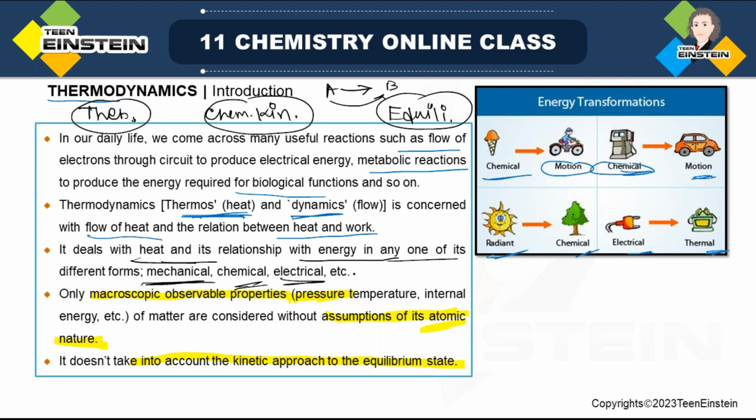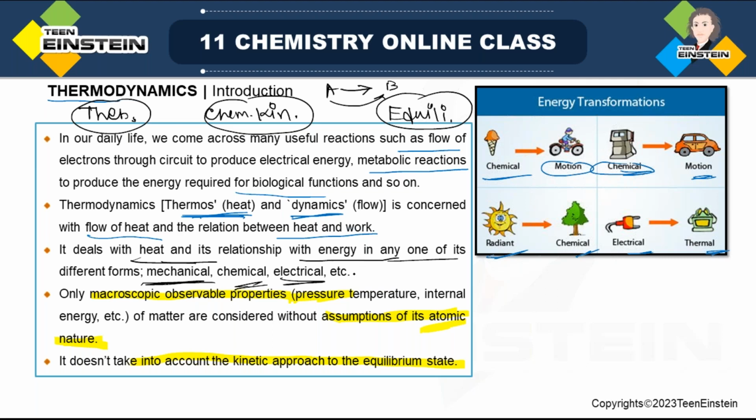But suppose from thermodynamics you know this conversion is possible. Then by applying the knowledge of equilibrium, we can understand how much conversion is possible, that is, how much B you can get starting from A. That is all about the equilibrium chapter.